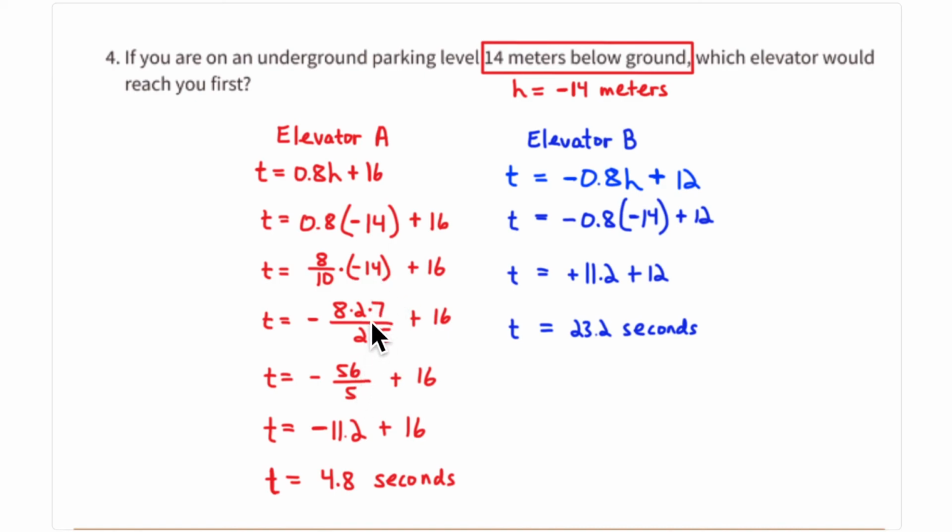So how many seconds is that? It takes 11 2/10 seconds, but it's going in the opposite direction. It's going up for 11 2/10 seconds. So this is a negative 11 2/10 seconds and you have to add that to the 16 seconds, and so you end up with this 14 and 8/10 seconds.